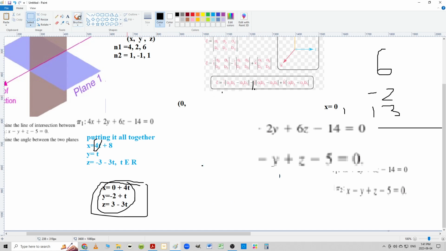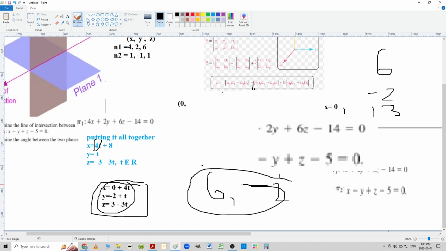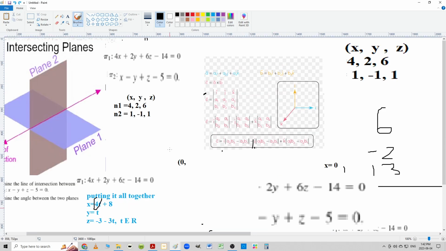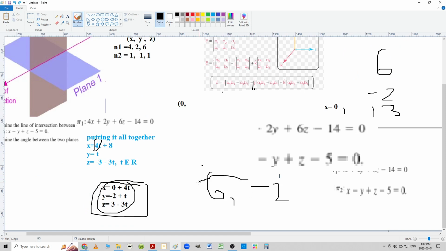I'm just seeing if I can do the cross product here. So the cross product of y is just 6, and the cross product of z is plus 2 or minus 2? Minus 2. And no, it doesn't work out, because that's a 6 and a minus 2. So the minus 2 matched, but the 6 didn't. So no, you can't do a cross product.